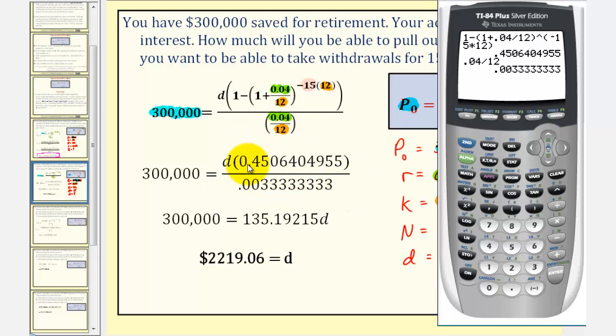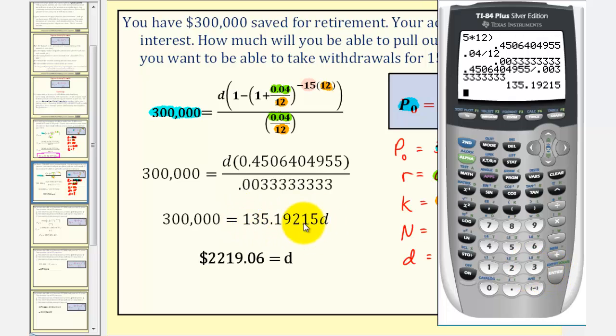Now for the next step, we want to find the coefficient of D, so we'll find this quotient and then multiply by D. So 0.4506404955 divided by 0.00333333 gives us our coefficient here for D.